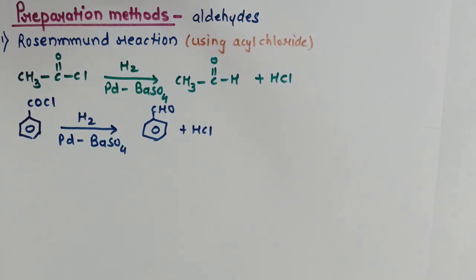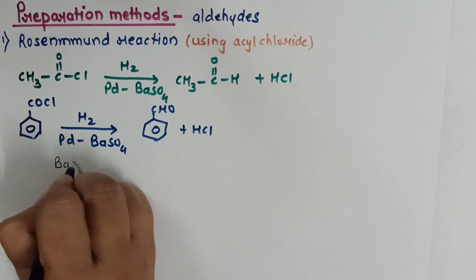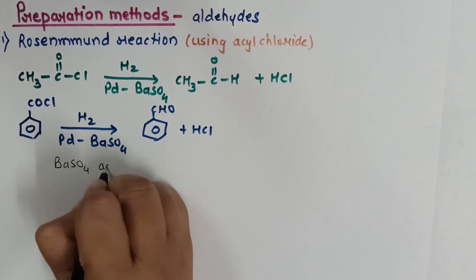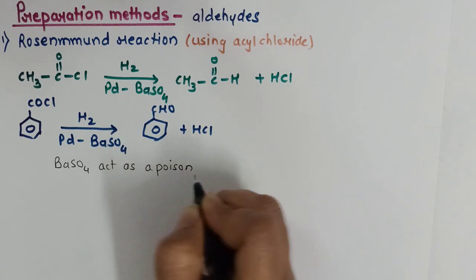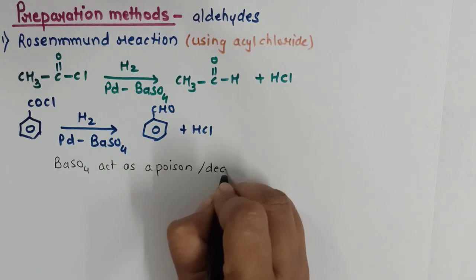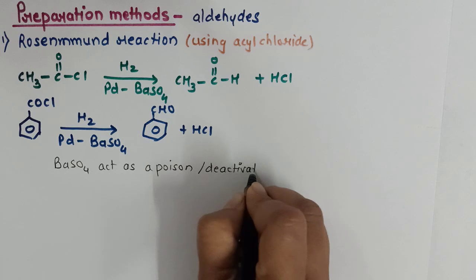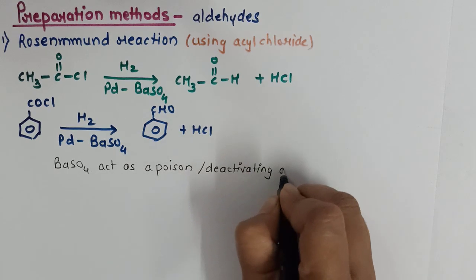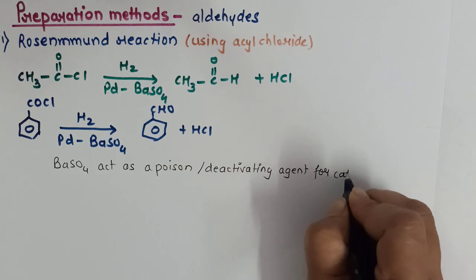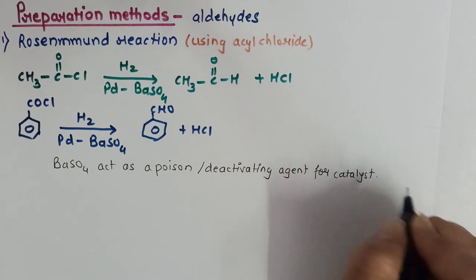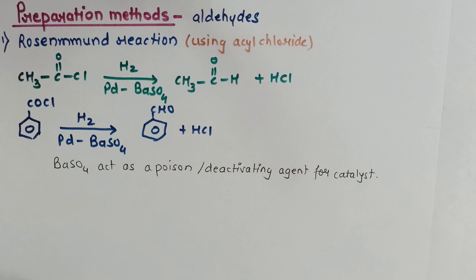Now we know that hydrogen in presence of palladium does the process of reduction. Then what is the role of barium sulfate? Barium sulfate acts as a poison, or I will say it acts as a deactivating agent for the catalyst. Now why do we need to poison or deactivate the catalyst?